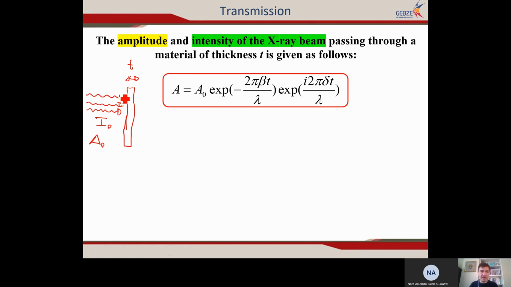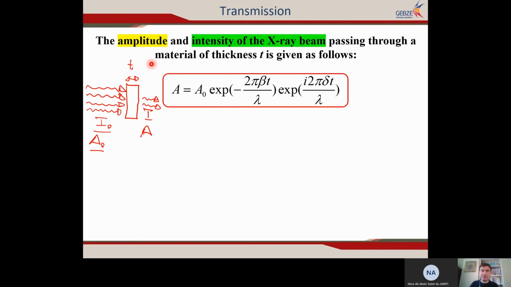Let's say we have many X-rays. After passing through this thickness of the material, we have fewer X-rays, okay? This is the final intensity and final amplitude A. This was the initial intensity, initial amplitude A0, okay?